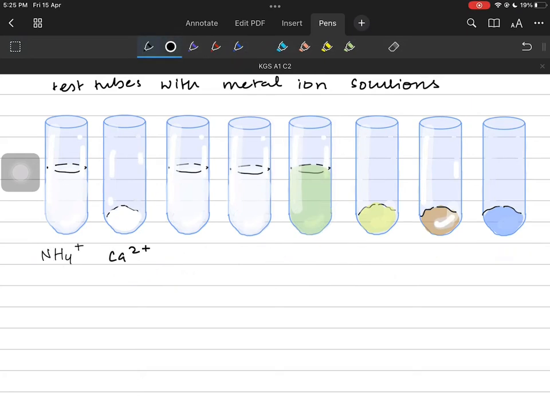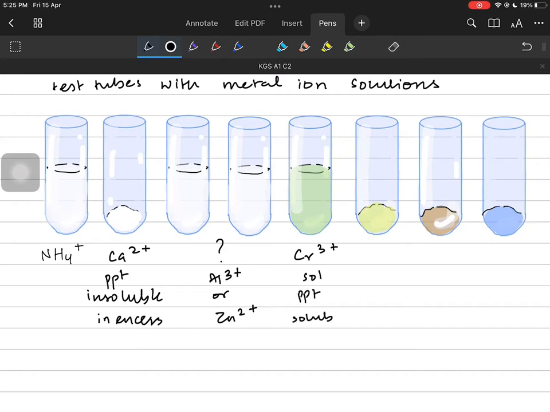When we add excess of sodium hydroxide, only one kind of white precipitate remains insoluble, and this is the calcium precipitate. If the white precipitates become soluble, it could be zinc or aluminium. Of the 2 green precipitates, the one belonging to chromium becomes soluble, so chromium green precipitates become soluble in excess, while the green precipitates of iron remain insoluble.